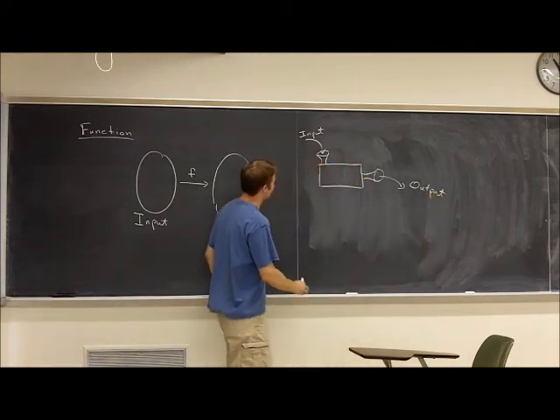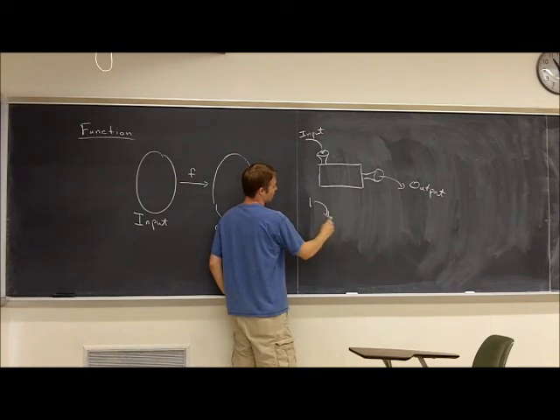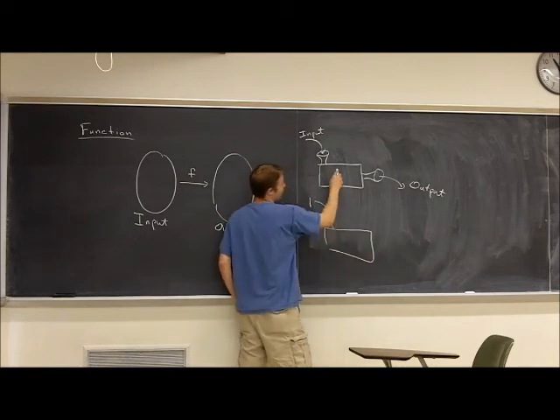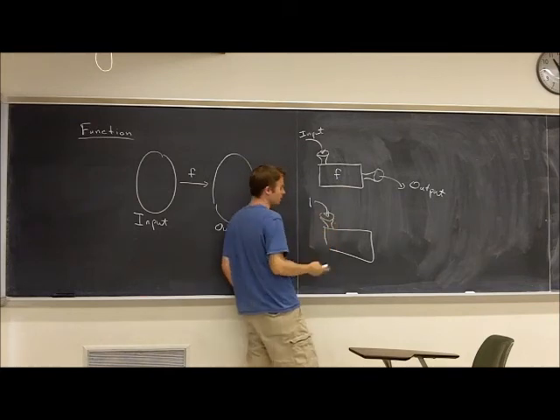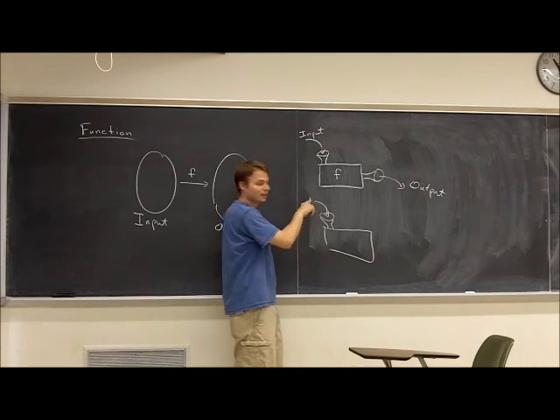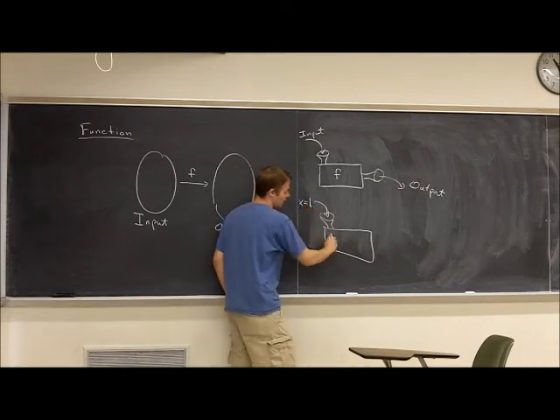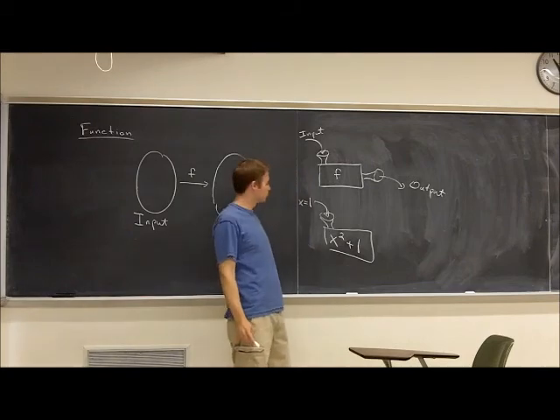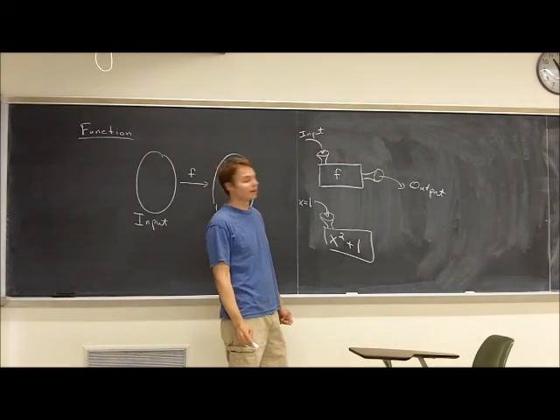So for example, if I put in a 1 into the machine, I'll have a function in here that's some kind of instructions. For example, maybe my function is take in x equals 1, and then the instructions say take that x value, square it, and add 1 to that.